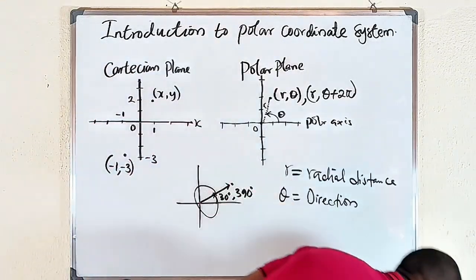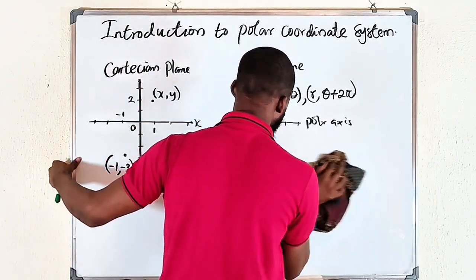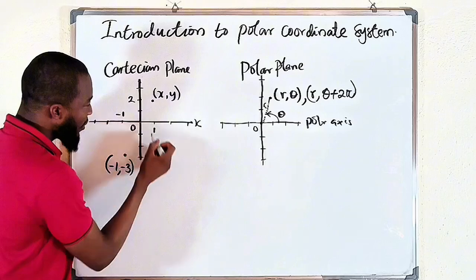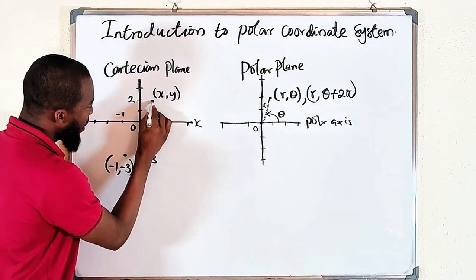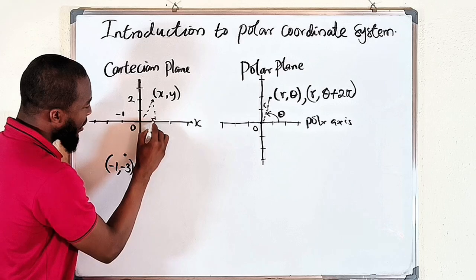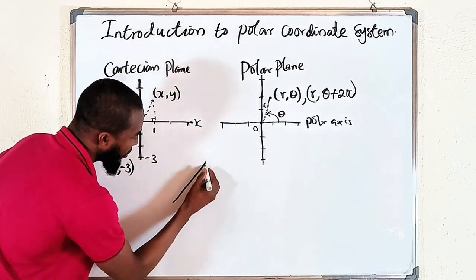So there are some relationships you should know, because in this tutorial, I'm not going to do much. Let me bring down this. You may have a distance from the origin, so you can easily form a right angle triangle here. So let me bring the right angle triangle.